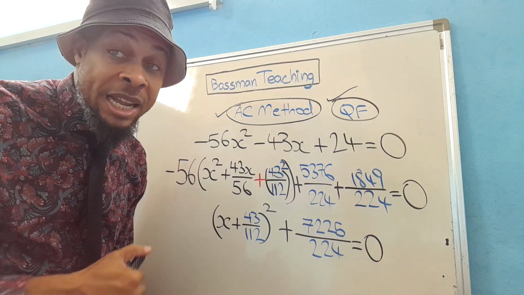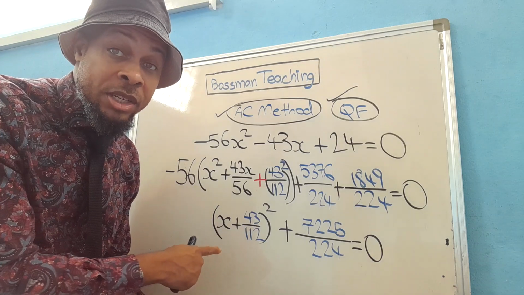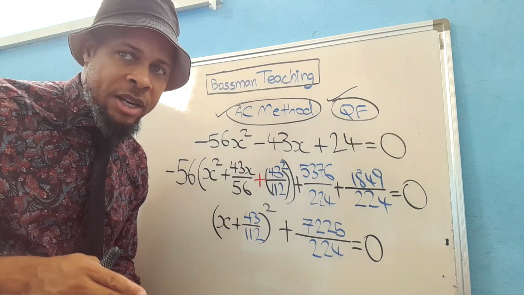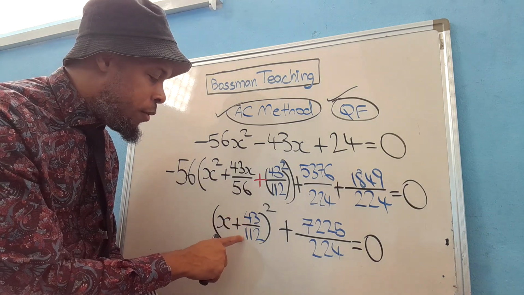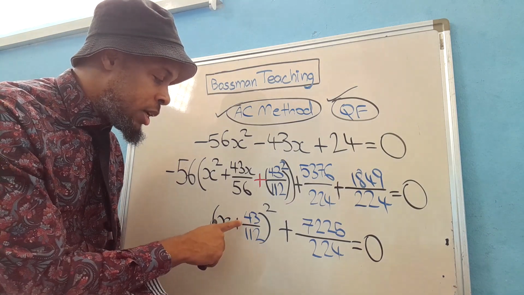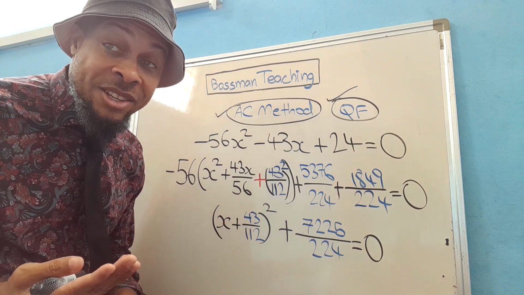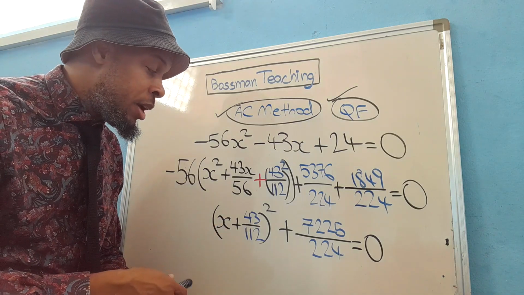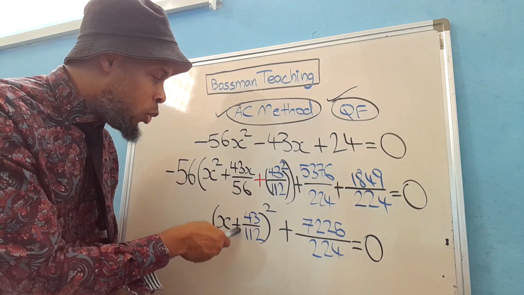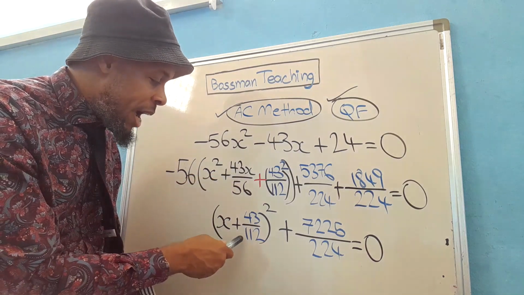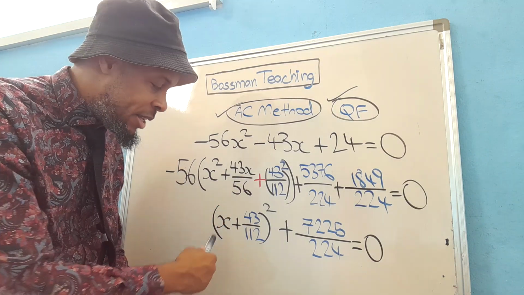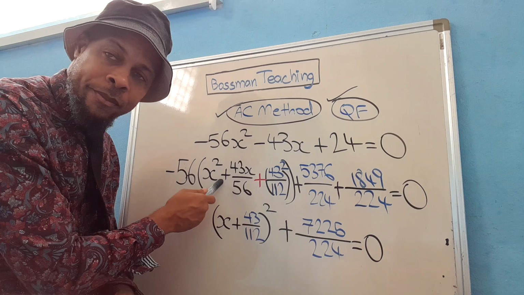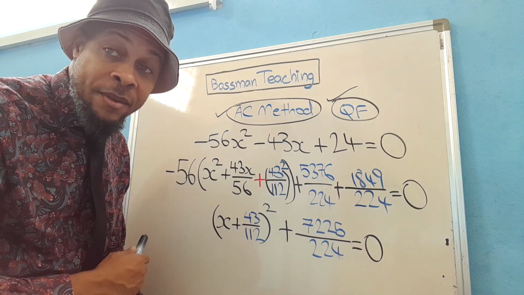That's just the simplest way to put it. Now I can make a video separately explaining how this happens. Because if you add 43 over 112 plus itself, you get 86 over 112. Then when you divide 86 by 2, you get this. You divide 112 by 2, you get this. Therefore, it explains that if you expand this, you end up with that up here.